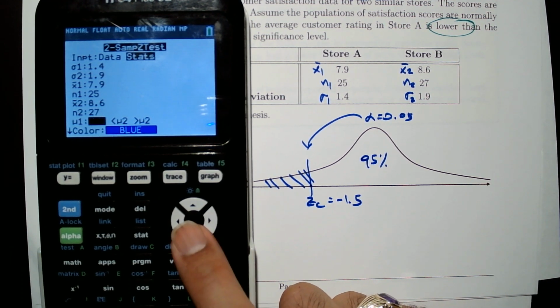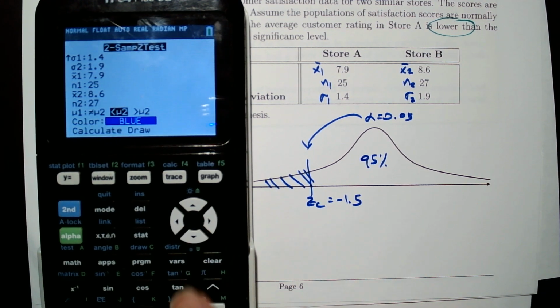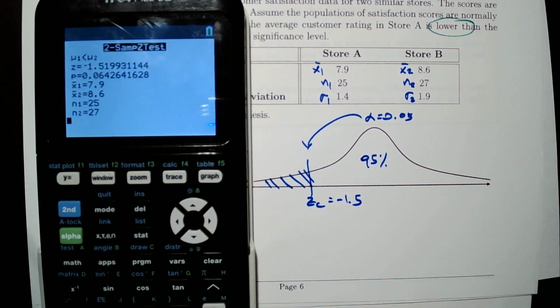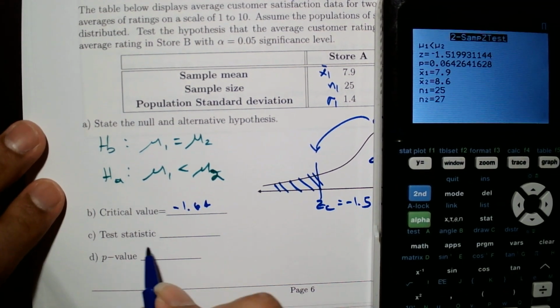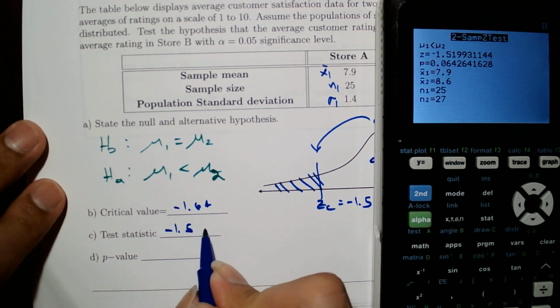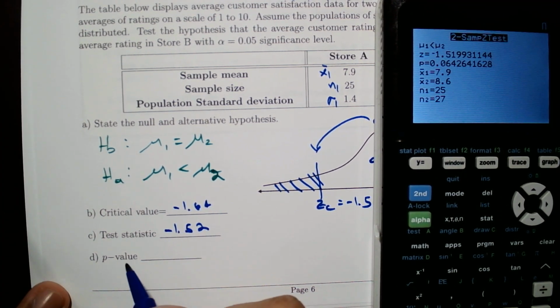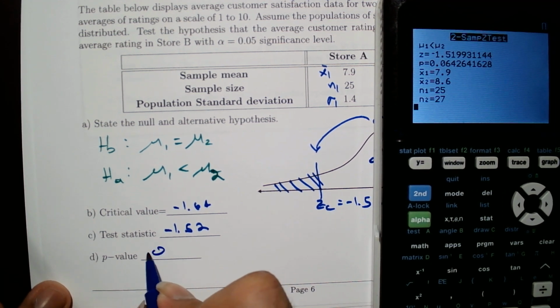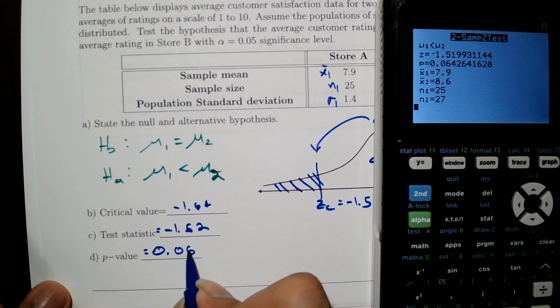I said in this case we are going to do a left tail. Select this one. All right. In this case we get this data. Test statistic negative 1.52, rounding to the correct number, and p-value equals 0.064.